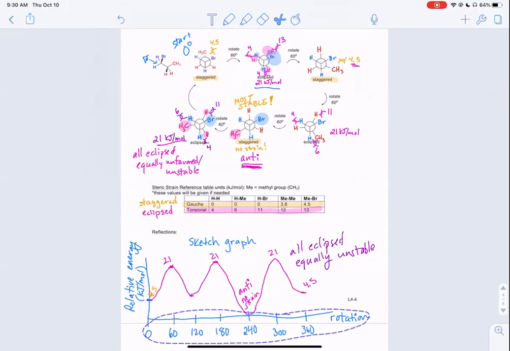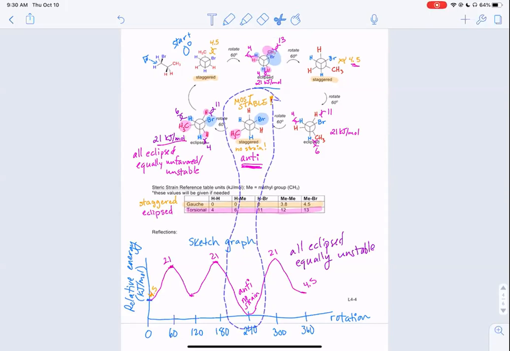I'm not so much worried about the degree of rotation, and you may have started somewhere different in a different type of problem, but it's just another way to see that, hey, this is the lowest energy conformation, specifically this one, right? These guys line up. These are the lowest energy. This is where it spends the most time, and then all of these have the same energy, which is equally bad, so it doesn't spend much time there.